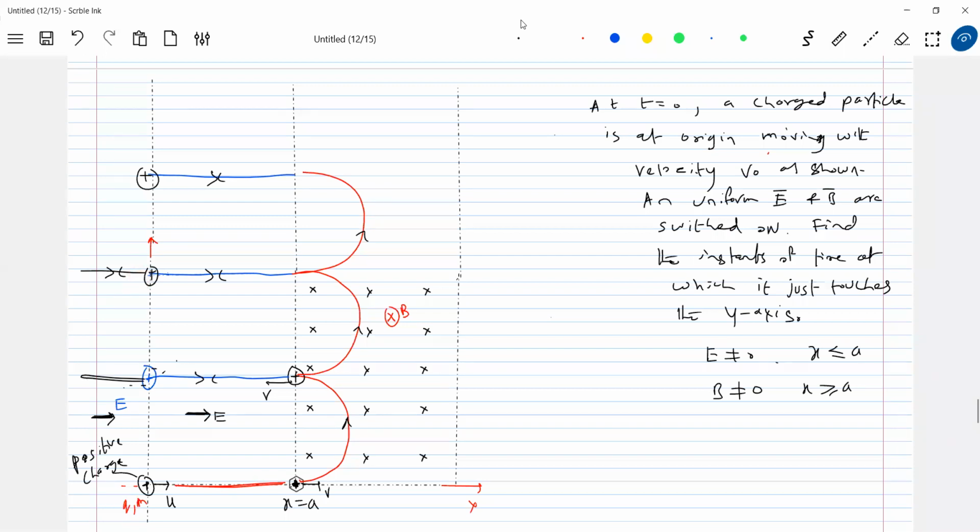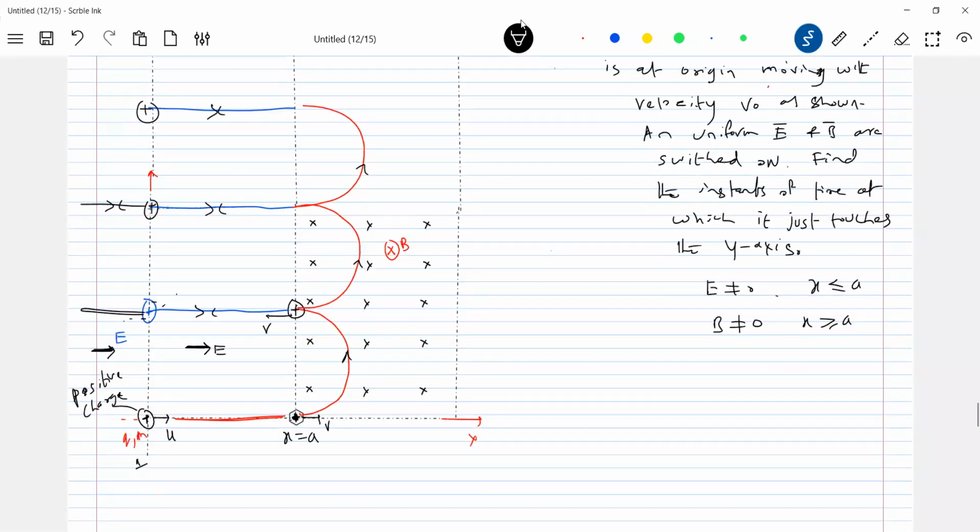So if you just give the namings for this, it will be 1, 2, 3, 4, 5, 6, 7, 8. So the time taken to move from 1 to 2 and 3 to 4 will be equal. Time taken from 4 to 5 and 5 to 4 will be equal. Time taken from 2 to 3 should be half of the time period of revolution.